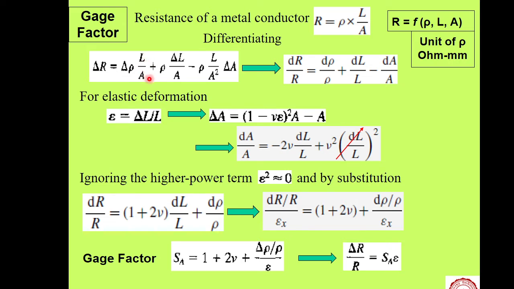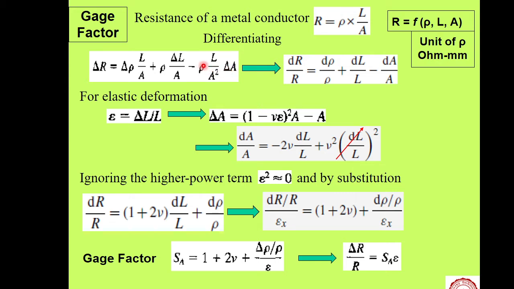The next part is a change in L. This rho by A remains constant. We have a change in resistance. The third part is rho and L remaining constant. We have to differentiate this 1 by A. The differentiation is minus A to the power minus 2, so minus 1 by A squared, and then this dA, delta A is there. This is the differentiation. Okay, that's clear.